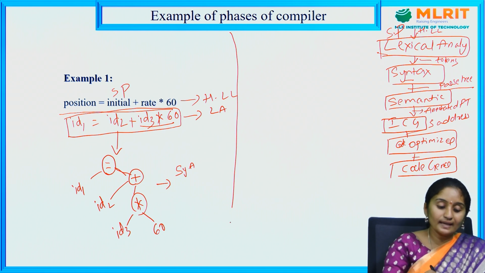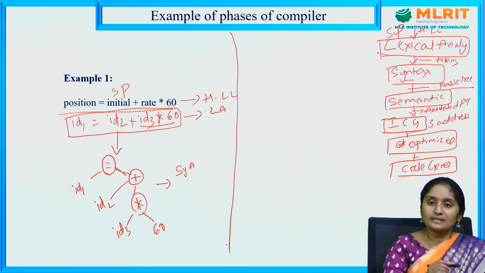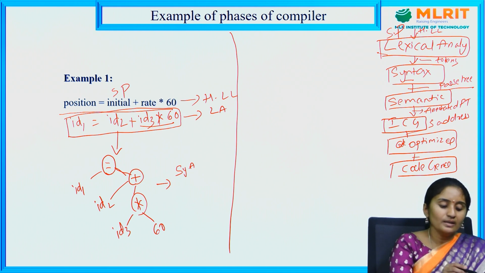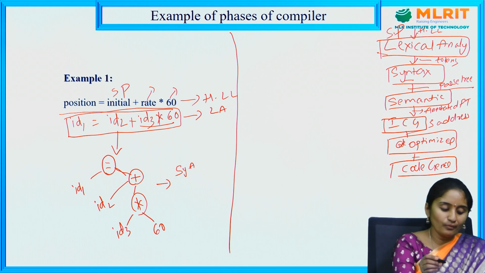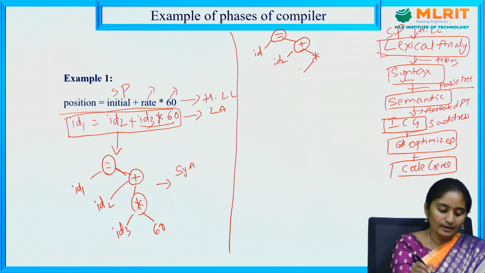This is given as the input to the semantic analyzer. The semantic analyzer checks whether there are any errors, whether it is semantically correct or not, such as any blocks or type conversions. See here, rate may be a float value. So float into integer gives the output as float. That is the reason we convert this 60 into float. So we write equal to, int id1 as it is, next plus, next id2, next multiplication and id3.